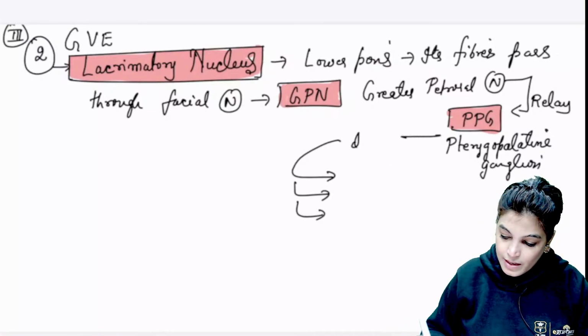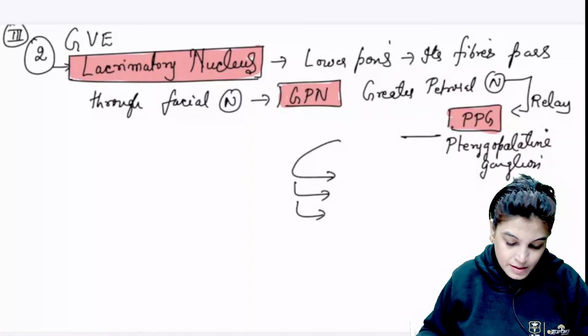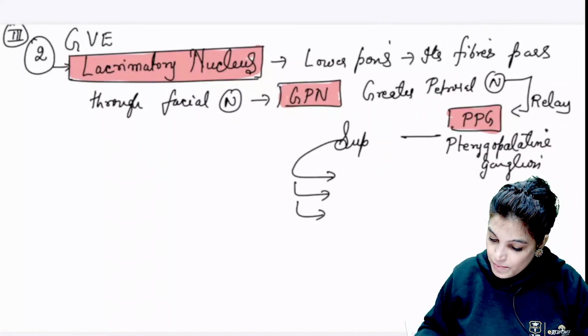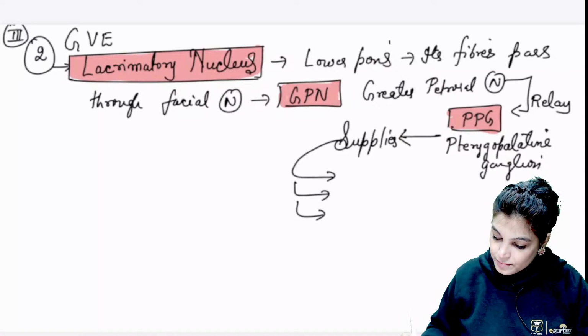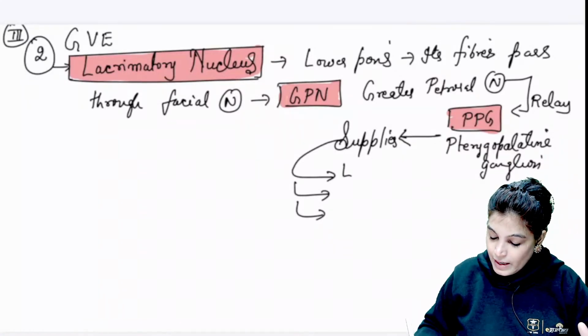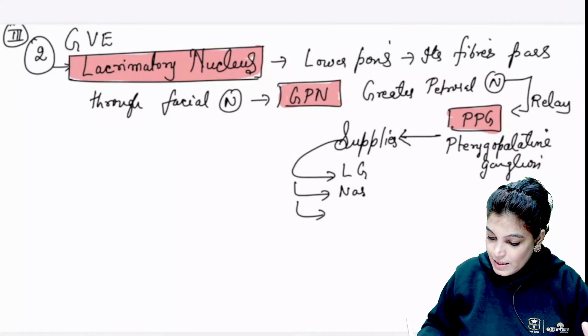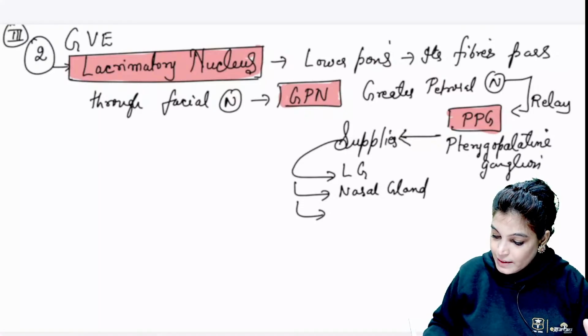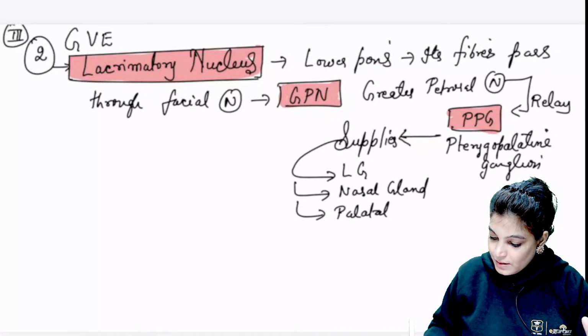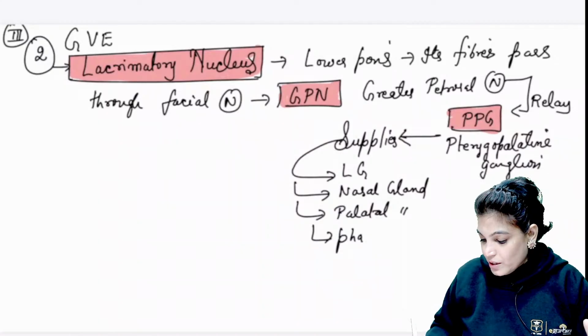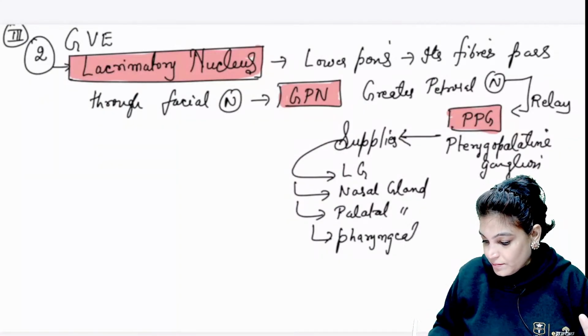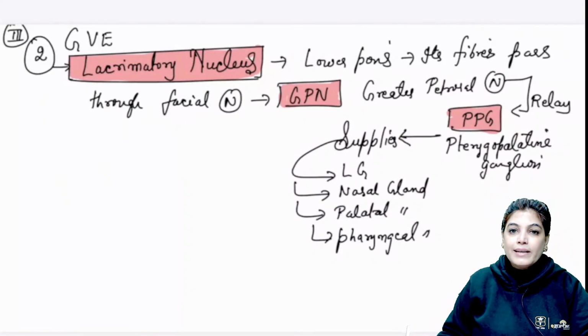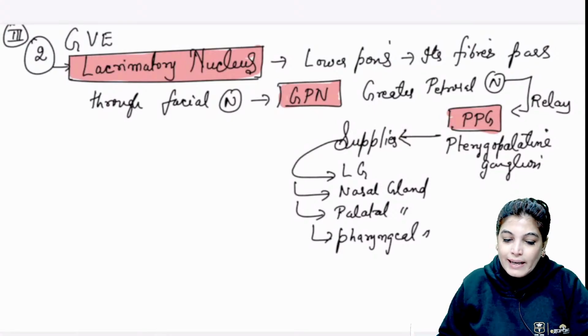If you want to write, it supplies lacrimal gland, nasal gland, palatal gland, and pharyngeal gland. Done. So we have done with the lacrimatory nucleus.